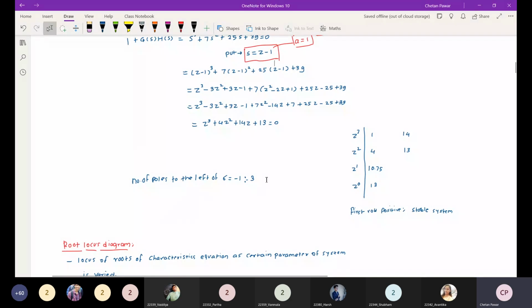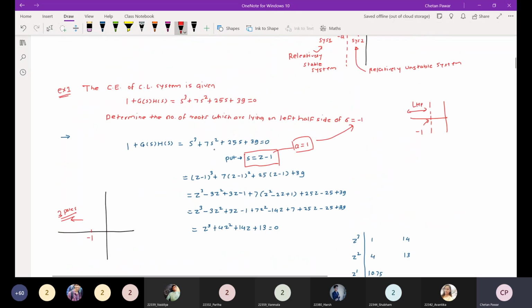Any doubt here? If you draw, this is -1, so 3 poles will lie in this LHP.